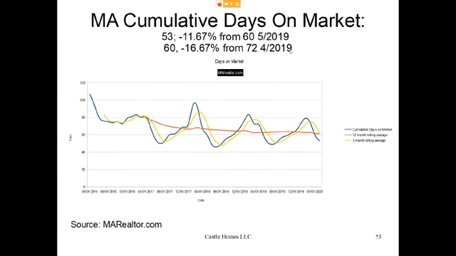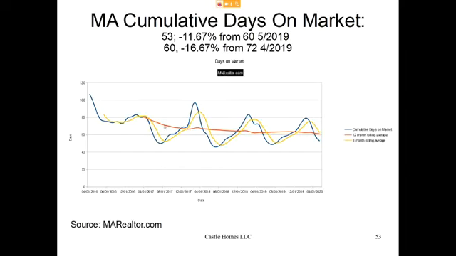All right, cumulative days on market. So we saw earlier in the national that this trend is starting to increase, whereas Massachusetts is definitely on the decline. We have gone from 72 to 60, which is a 16.67% decline for April, and we went from 60 to 53 in May, which is almost a 12% decline. So the blue line is the month-to-month gyrations. The yellow line is the 3-month rolling average, to try to smooth out some of these gyrations.